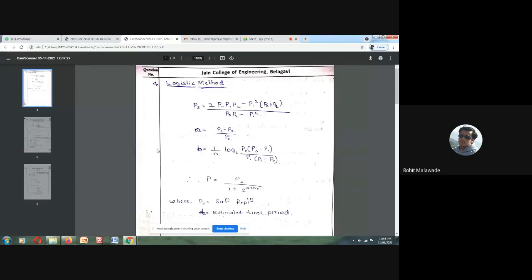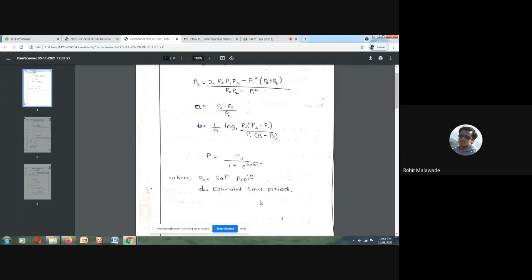Now why are we going to determine A and B? If we want the population after some n number of years, that can be calculated by using the formula P = Ps divided by 1 plus e raised to (A plus BT). Ps is the saturation population, A and B are the constants, and T is nothing but the estimated time period.